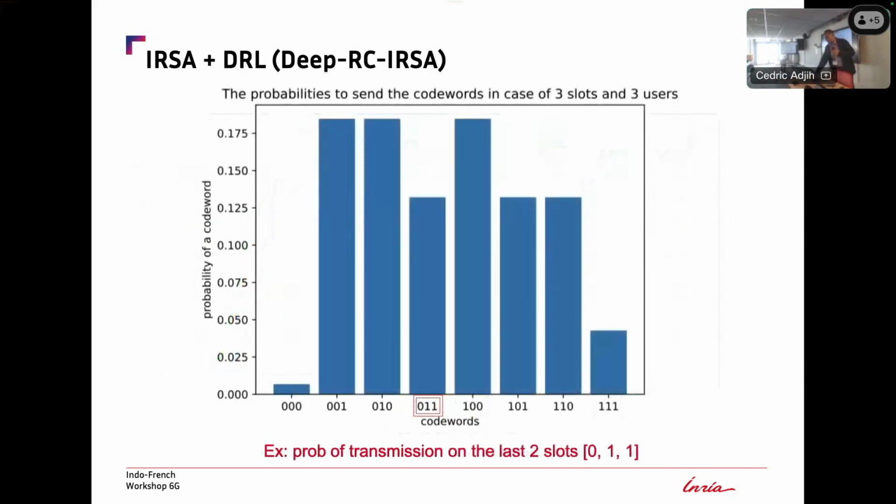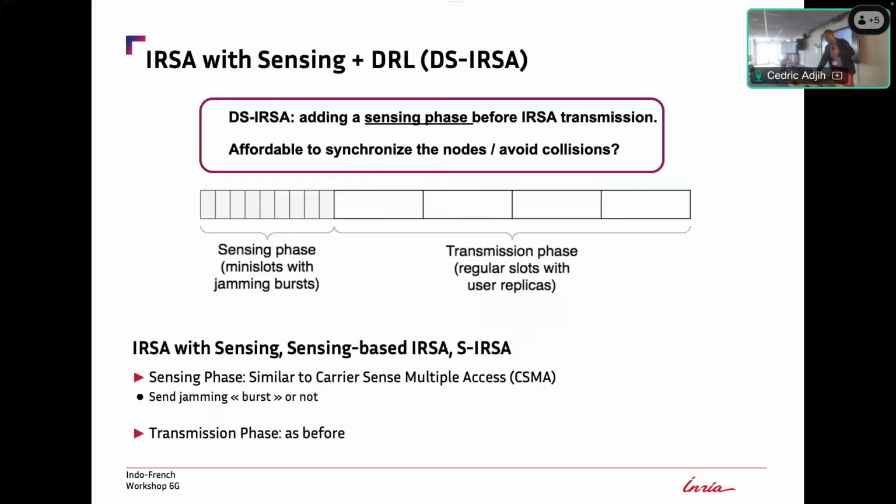I keep that, and I will probably just mention that we added more features like adding a sensing phase. So the idea of adding a sensing phase is somehow to model abstractly what you could have in a relay system if you take into account partial observation that you have on some event or some feedback from the base station.